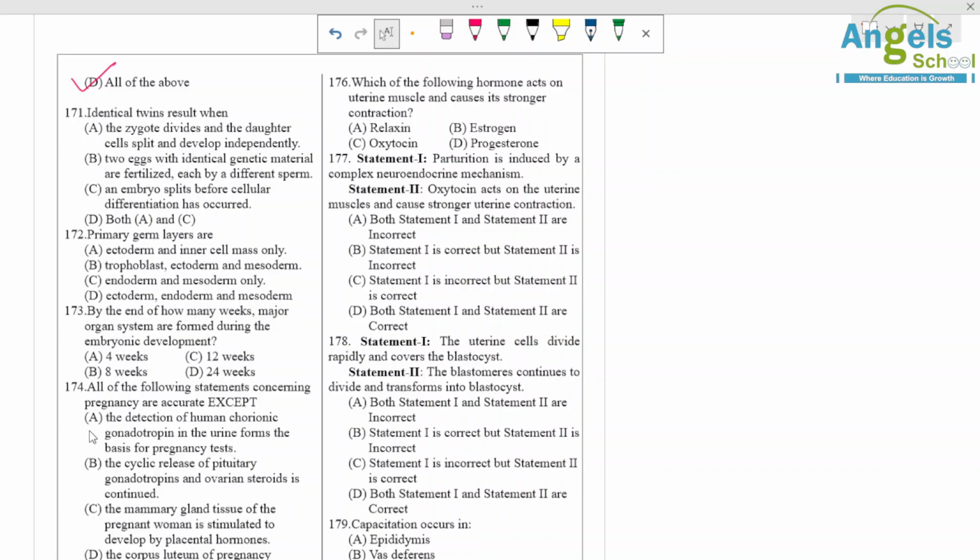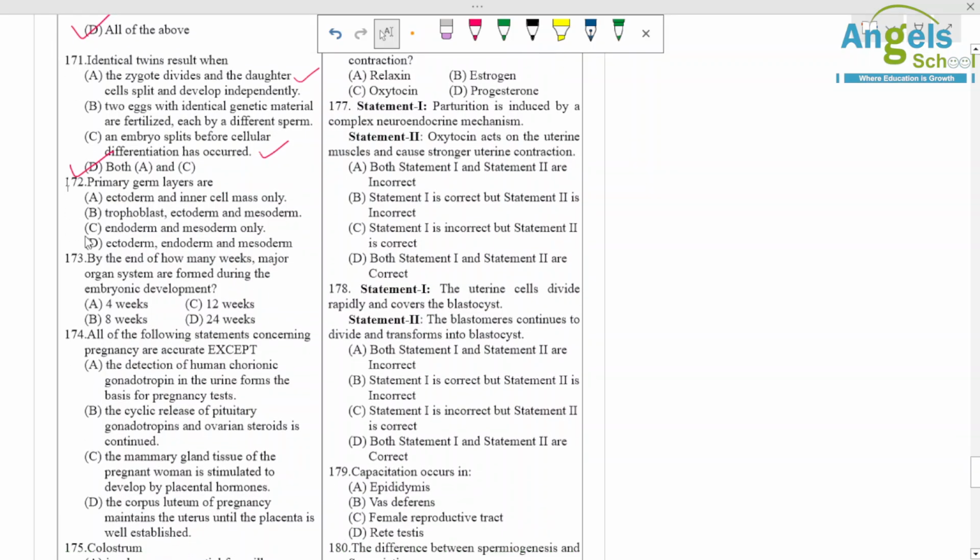Two eggs with identical genetic material are fertilized each by different sperms. रॉन्ग ऑप्शन है. मोनोजाइगोटिक नहीं, डाइजाइगोटिक ट्विंस बनेंगे इसमें. ऑप्शन सी, an embryo split before cellular differentiation has occurred. Okay, so if zygote divide और embryo split हो रहा है, in both case identical twins results होंगे. ऑप्शन डी इज राइट आंसर.